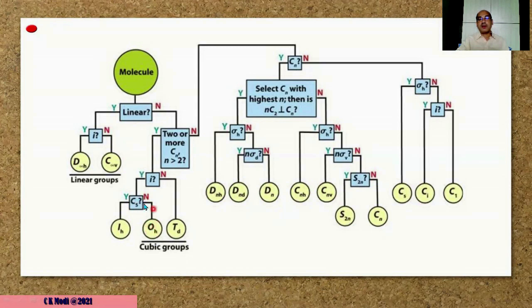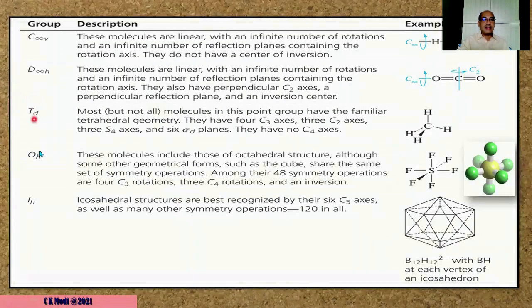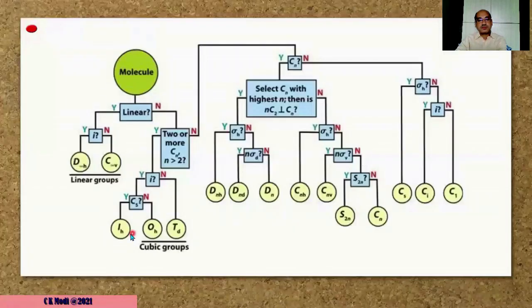So in that case, the point group is octahedral. Now here, two or more rotation axes are present. Here, center of symmetry I is absent. In that case, the molecule is tetrahedral. So here, look at this. These are the three examples where icosahedral, where C5 axis is present. Okay, 6 C5 axes are present.